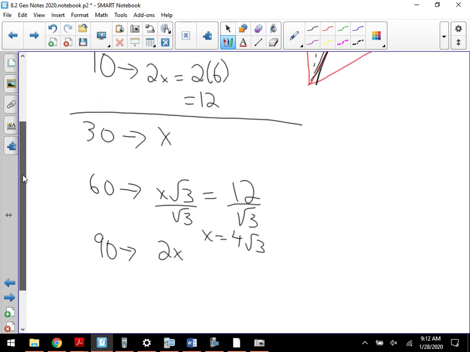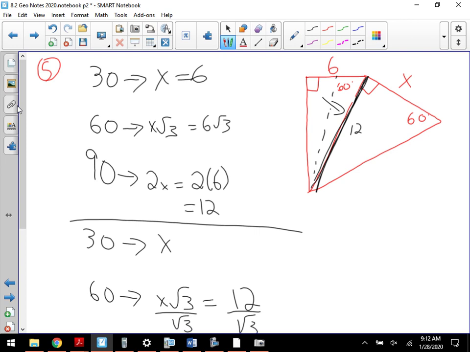So back in our diagram, you were saying which angle you have to get across from. Yes, you're right. We have to work across from the 30. Well, that means this is 4 root 3. Remember, you're using one to get to the other, but the mathing of it is identical to what we've been doing. The mathing of it doesn't change.